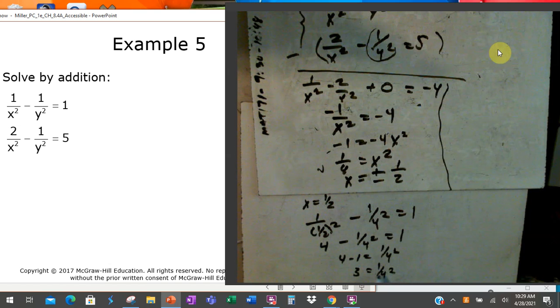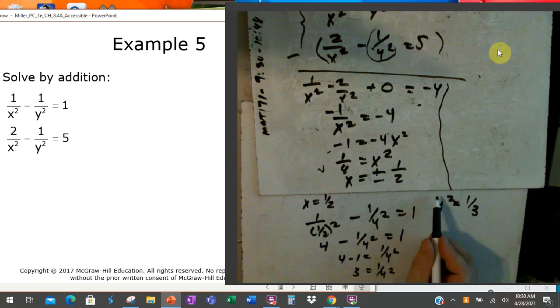Then I'm going to cross multiply here. So y squared to both sides and then divide by 3. That gives me that. Multiply both sides by y squared. 3y squared is equal to 1. Divide both sides by 3. And now here y is equal to plus or minus the square root of 1/3.